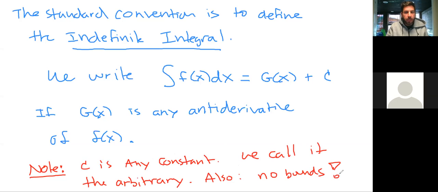Do you see an a or a b there? No. So an indefinite integral is actually not a number. Let's make sure you understand this. We're going to write this down again because it has to be very, very clear to you or you're going to mess it all up. We don't want you to mess it up. We want you to learn.